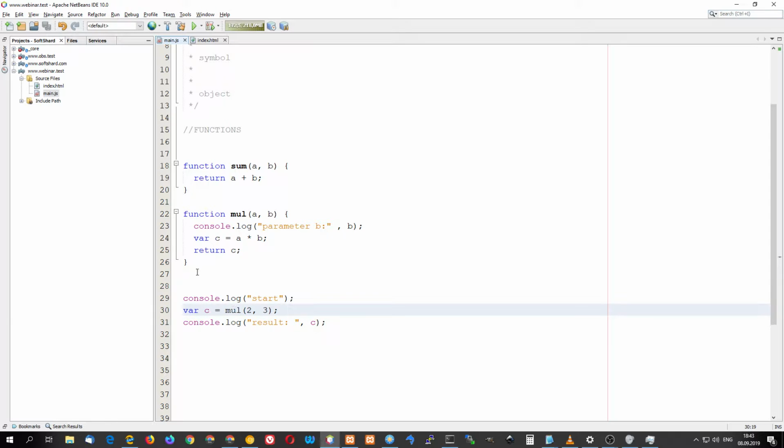So calling the function actually jumps into a function, it remembers that it's here, executes the function, returns the value, and continues from the function call. This is a basic of functions.